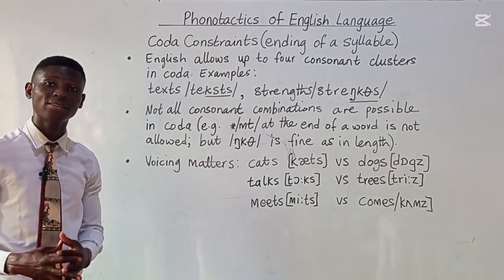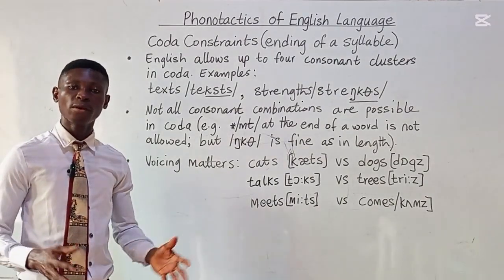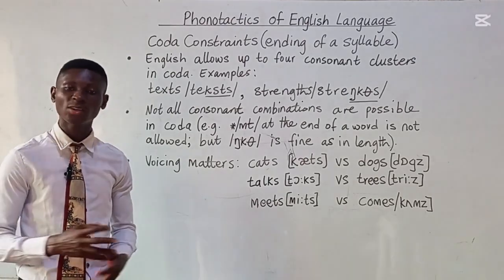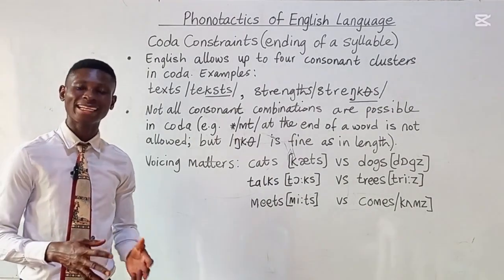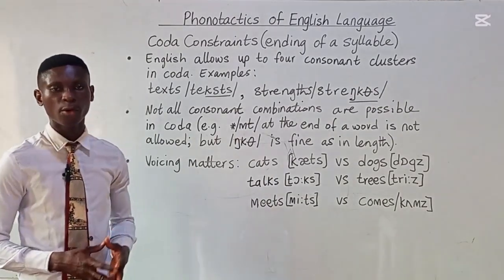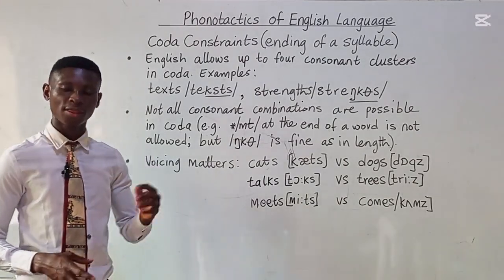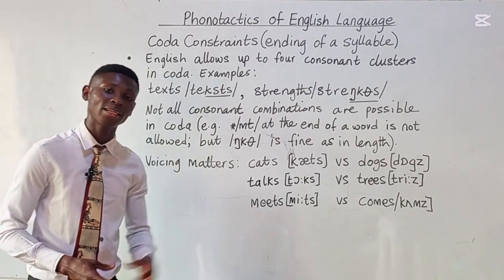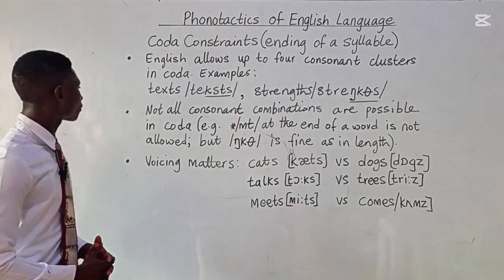We have certain sounds that cannot go together. So even when we have consonant clusters, it is not all the consonant sounds that can cluster. We have certain ones that cannot go together in words, depending on the phonotactics of the English language. That is the rules governing the arrangement or combination of sounds.